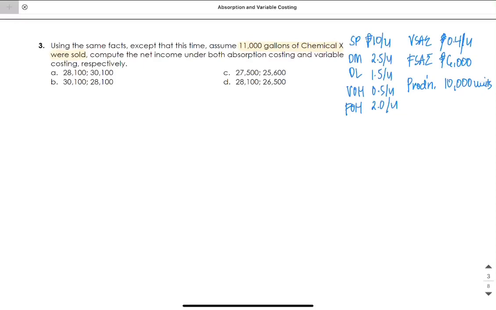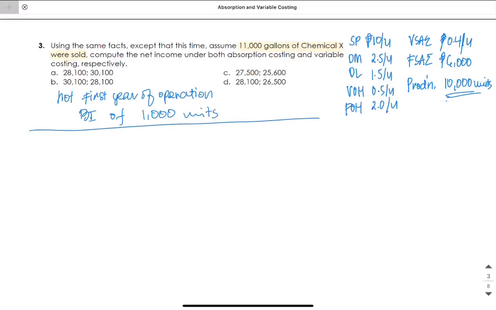That's why we have to assume further that it's not the first year of operations. Because we only produce 10,000, how can we sell 11,000? So let's say that there is a beginning inventory of 1,000 units. That is an additional assumption.